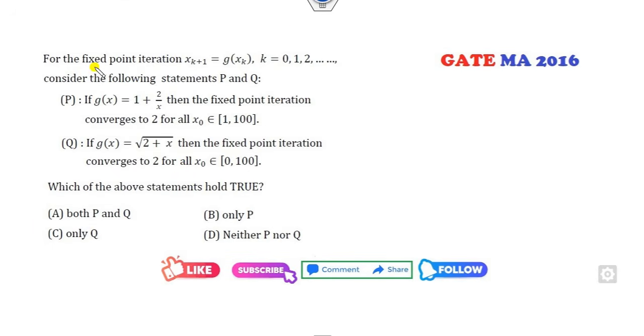Okay, for the fixed point iteration x n plus 1 equals g of x k, consider the following statement. If g is 1 plus 2 over x, the iteration converges to 2. Again the same concept: when will it be convergent?